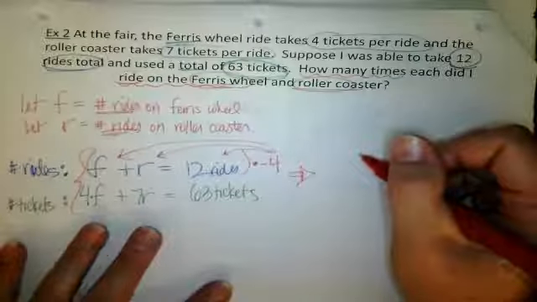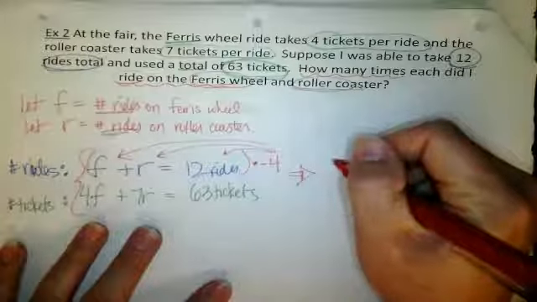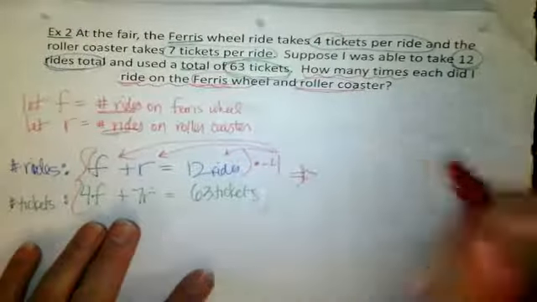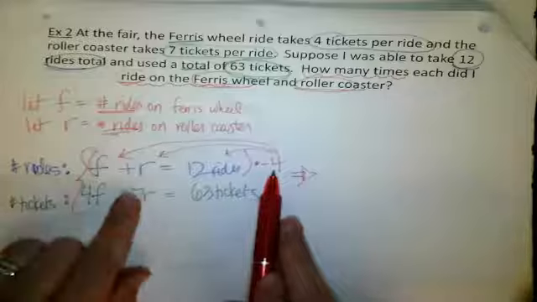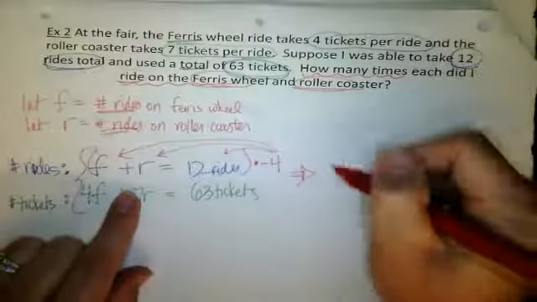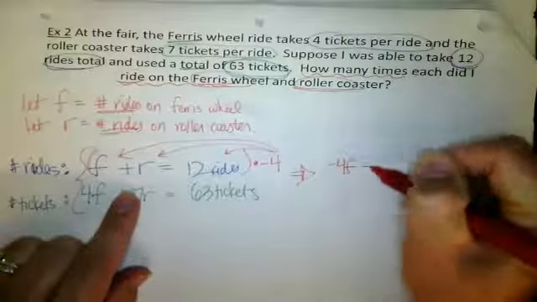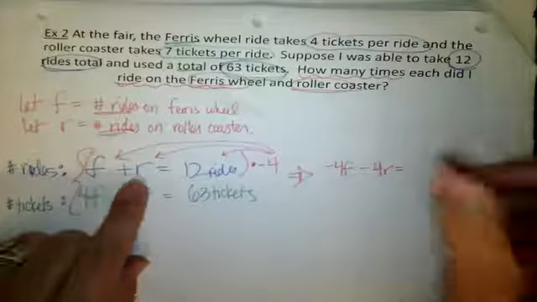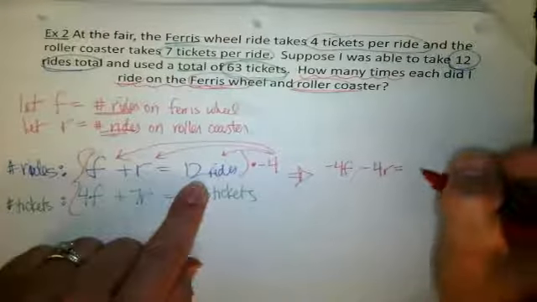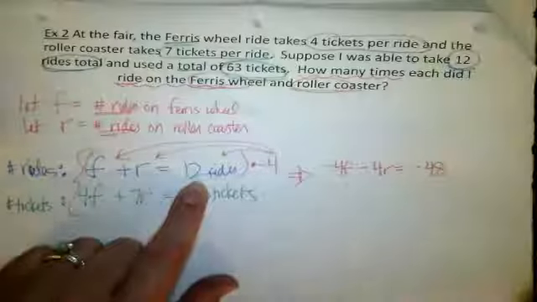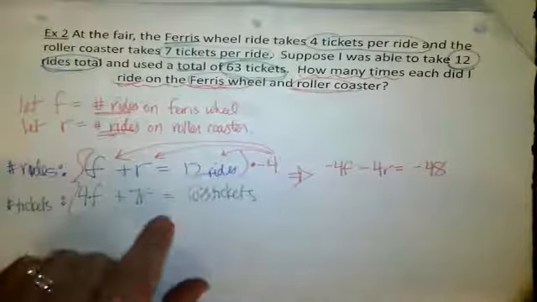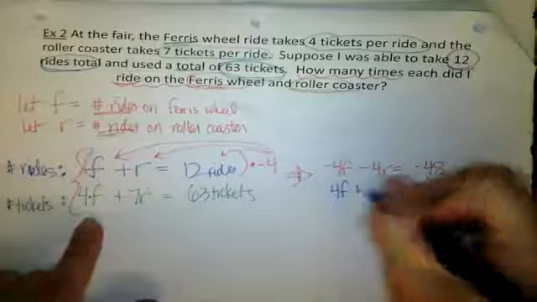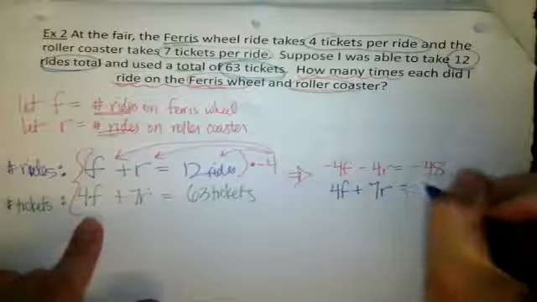When we multiply through by -4, what do we get? -4F, we got a -4 times R, and then 12 times -4 is -48. Are we changing the bottom equation? No, staying the same.